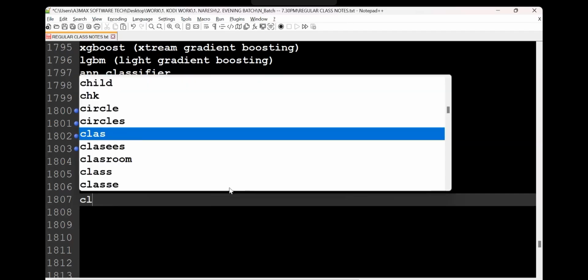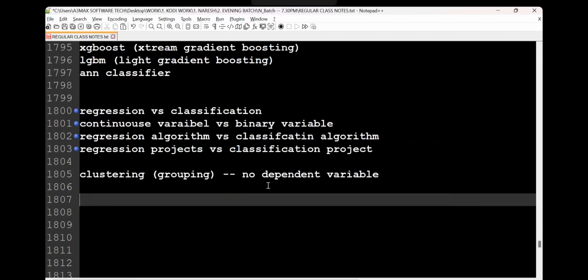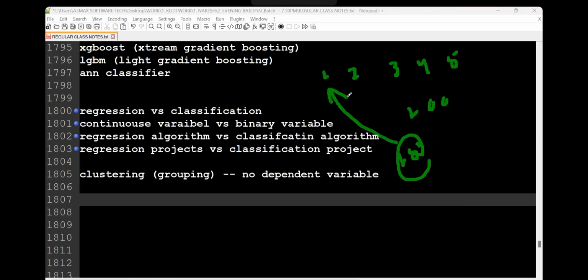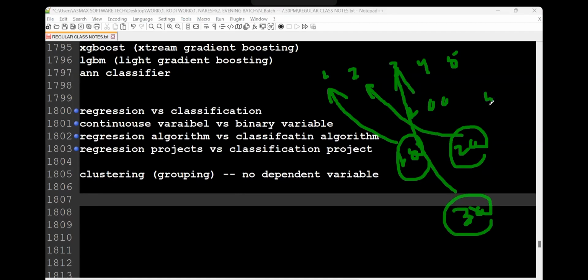So here, can we give some example? Clustering example: let's assume you went to a restaurant and you ate the food. You have a 5-star rating or not? Assume today 100 people went to the restaurant. 15 people rated 1 star for chicken biryani, 20 rated 2 star, 30 rated 3 star, and 20 rated 4 star.